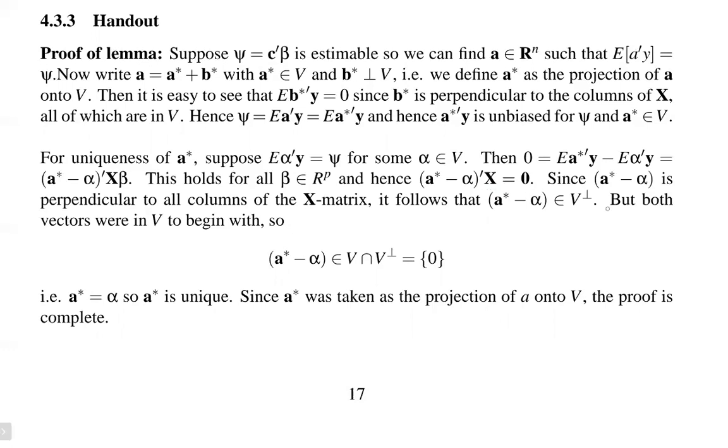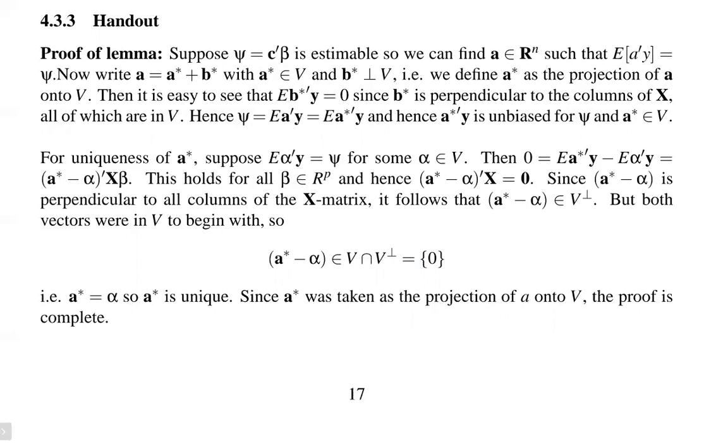And that means that it's in the perpendicular space to V. But we assumed to begin with that both A star and alpha are in V, and that means that they're both in V and V perp, and the only thing that's both in a space and perpendicular to it is the zero element itself, which means that A star is equal to alpha, so it's unique. And we're therefore done with the lemma.